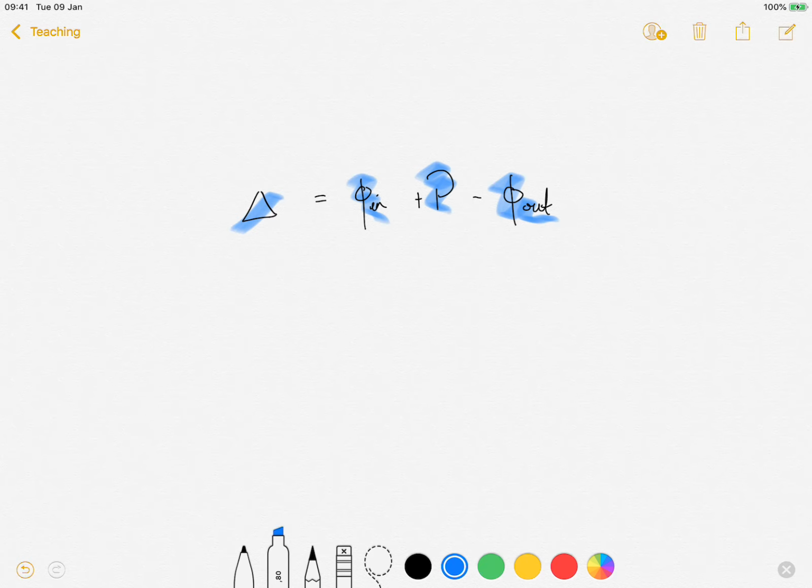Now, if our production is 0, we simply say that the change of the state of the system is the difference between what comes in minus what goes out.